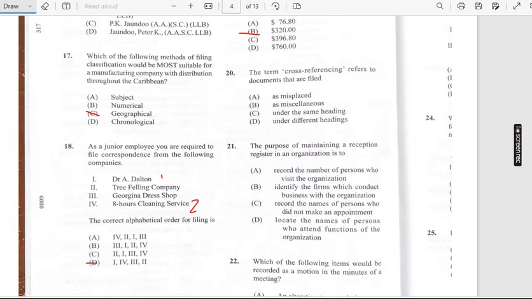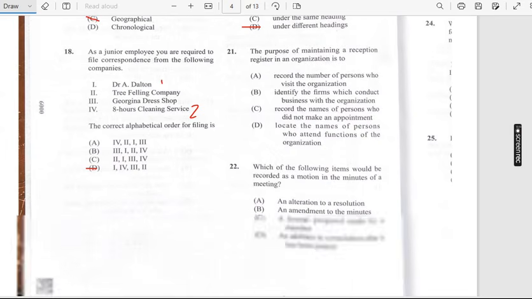Number 20. It says the term cross-reference referencing refers to the document that are filed. So cross-reference, it has to do with you file. You file under different heading, not under the same heading. Alright, number 21.